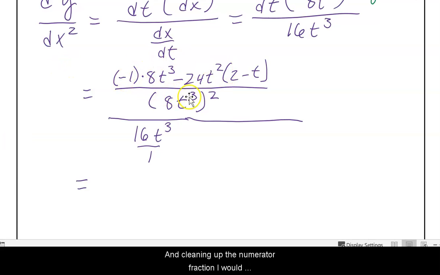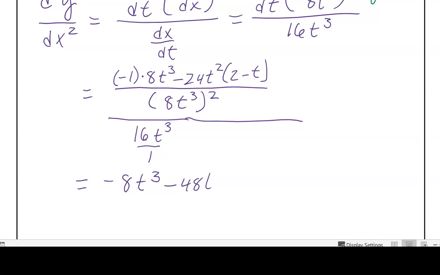And cleaning up the numerator fraction, I would have negative 8t cubed minus 48t squared. And then what comes after that? Minus 48t squared plus 24t cubed.